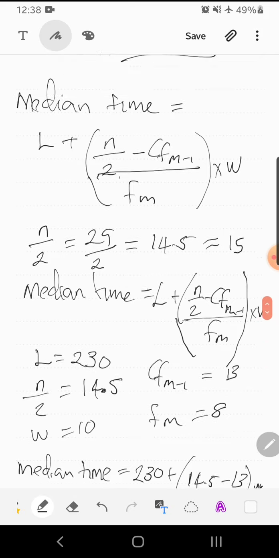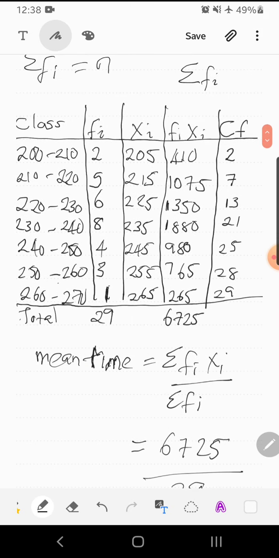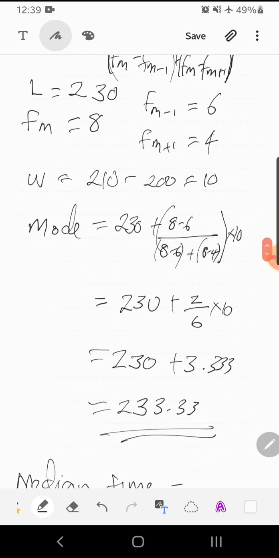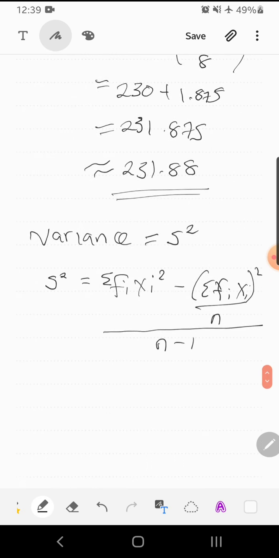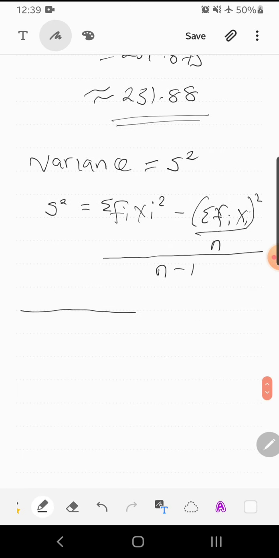Okay, so since we have it on the table, this is the summation of fi xi. We just square it. So it means that we have this term already. Now we are just supposed to look for the fi times xi squared. So we go back to our table.